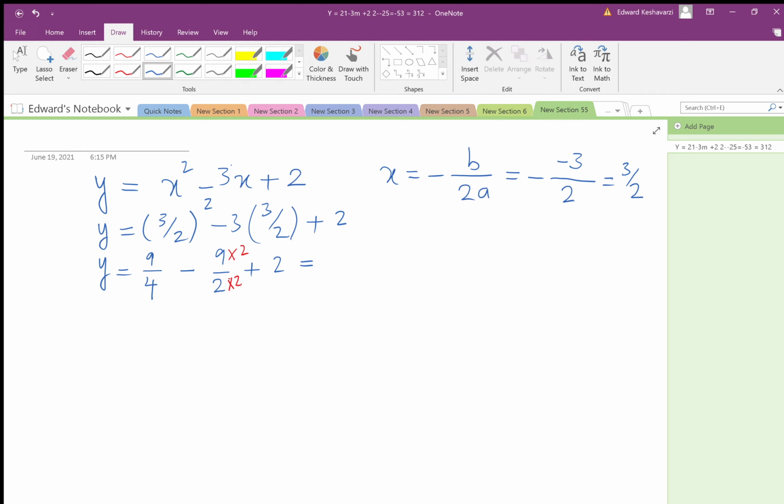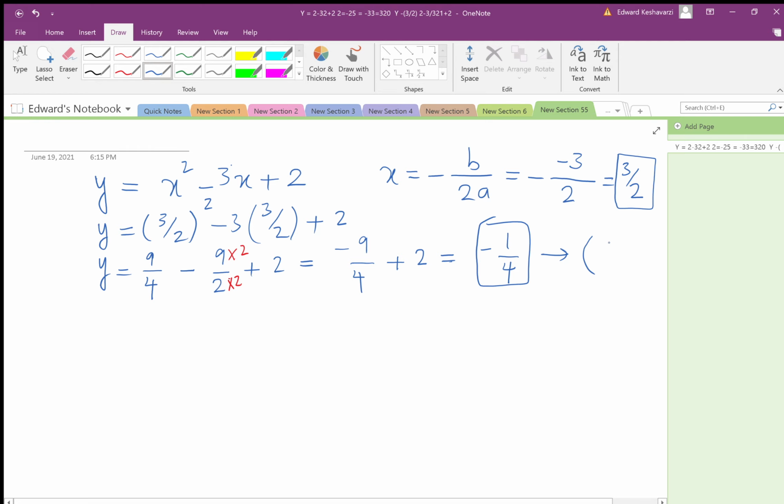Therefore we'll have 9 minus 18, which is negative 9 over 4, plus 2. If you put them together, it's going to be negative 1/4. So this is the y value of the vertex, and this is the x value of the vertex. Therefore, the vertex has the coordinates of 3 over 2 and negative 1/4.